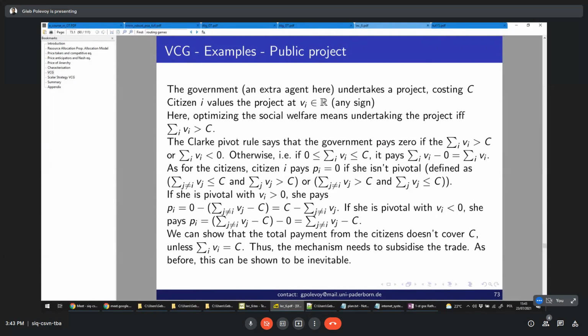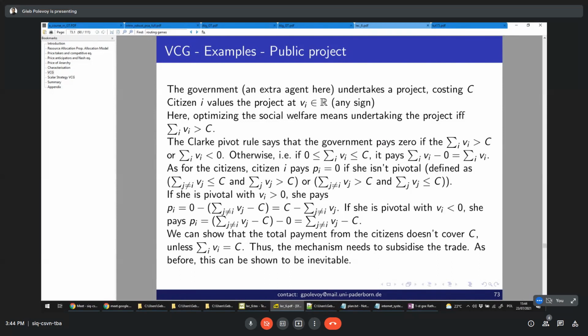So the government is an extra agent here, because we want to take into account the government's utility too. That's a bit unusual. It's not that there is an auctioneer who is outside, but we actually want to take the auctioneer's consideration into account. So the social welfare is simply the sum of the values of the agents minus the cost which is borne by the government.